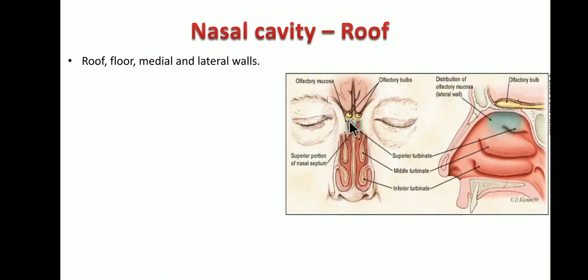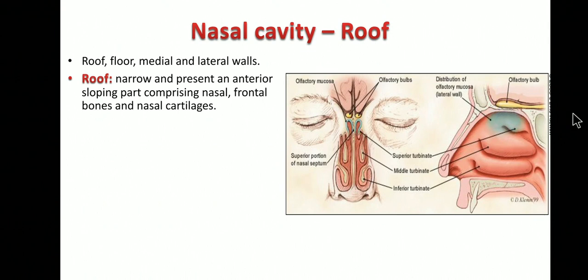The roof is a very narrow part, not like the floor, which is wide, and mainly it has three parts: an anterior sloping part, mainly comprising the nasal bone and the frontal bone, nasal process of the frontal bone, and then part of the nasal cartilage also.